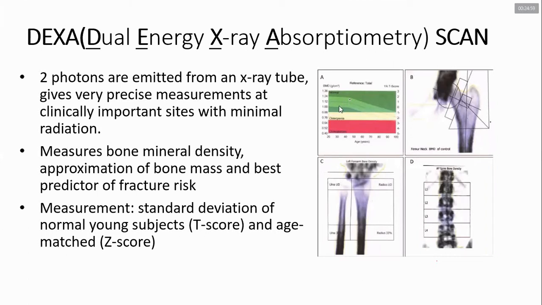If your dot falls under this green area, you are normal. If it falls in this area, it's osteopenia. If it is further down in the red area, it is osteoporosis. It is actually an average of these three sites. Only two or three sites are scanned, and the average score is plotted on this chart.